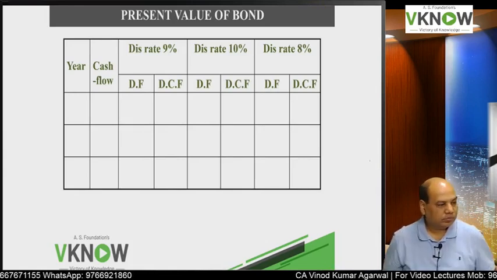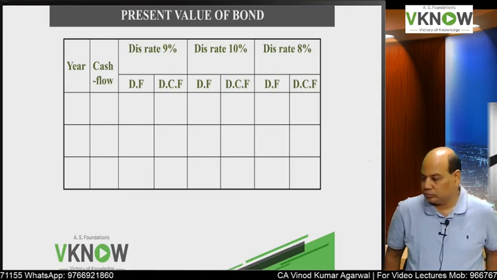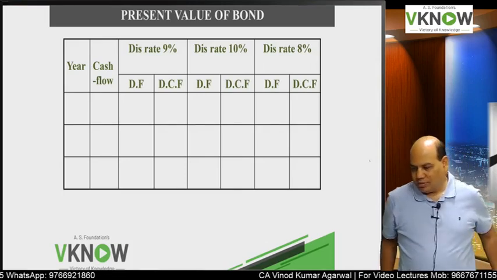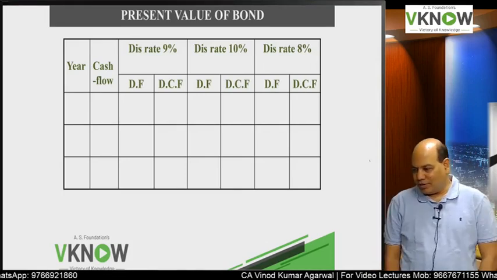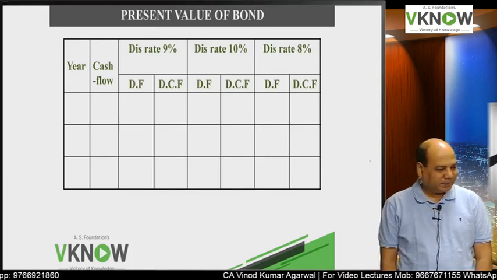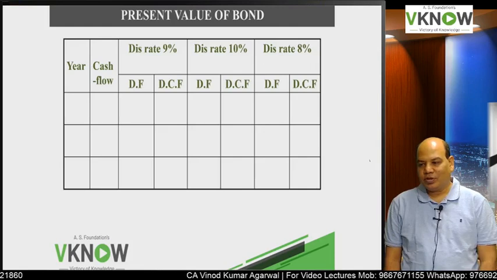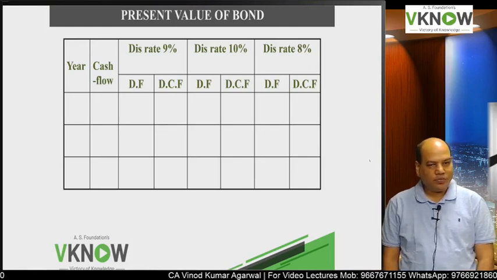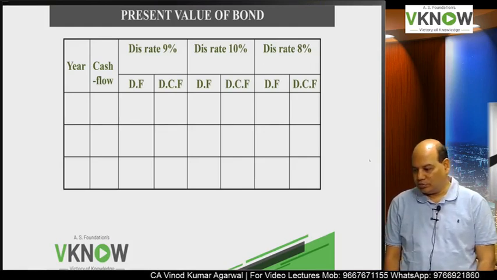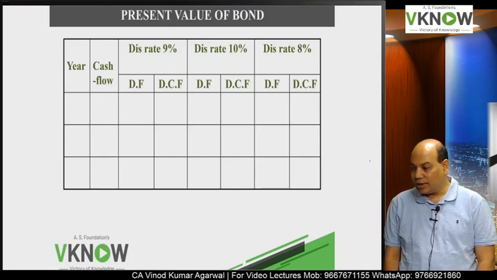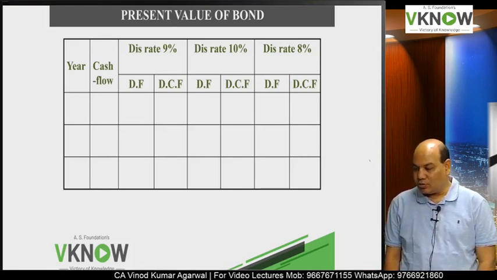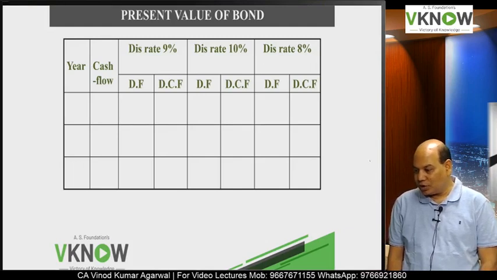Year, cash flow, discount rate 9%. Under that two columns, discounting factor, discounted cash flow. Then discount rate 10%. Under that two columns, discounting factor, discounted cash flow.